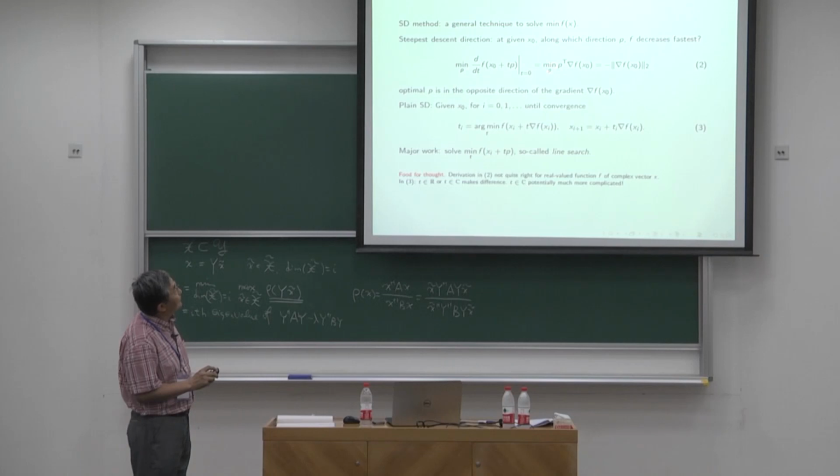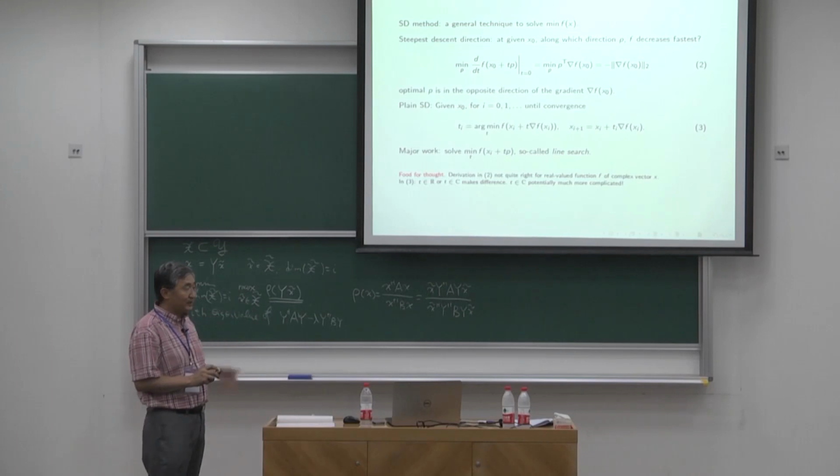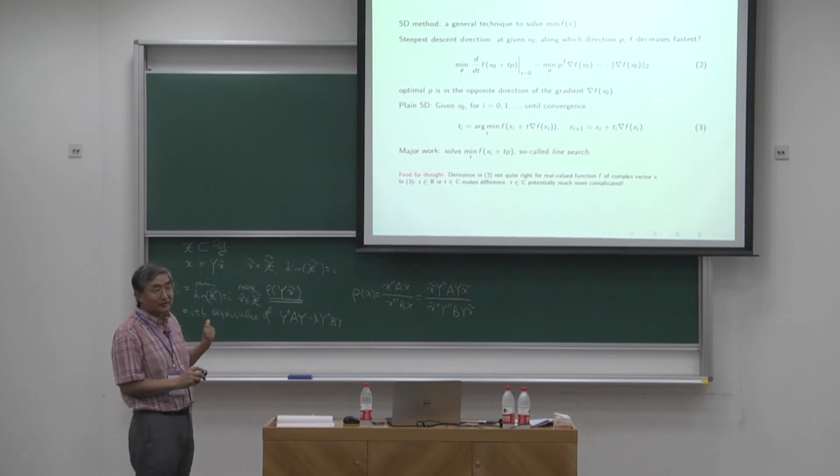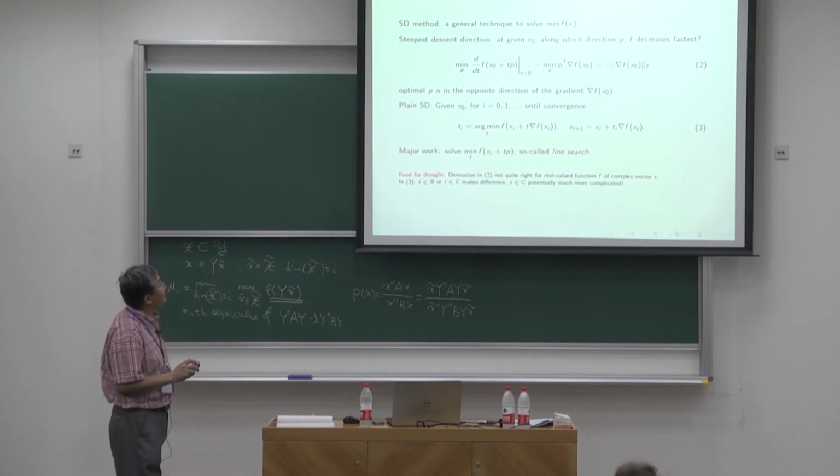Now, if we minimize over all p that are unit vectors, because p is the direction, we make it a unit vector, the minimum equals negative the gradient norm, in the Euclidean norm, right? So p turns out to be the opposite direction of the gradient. That's common sense.